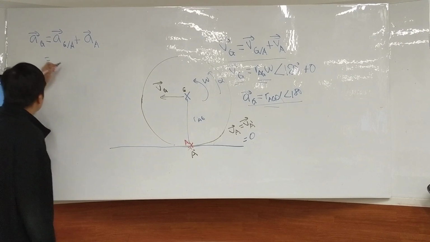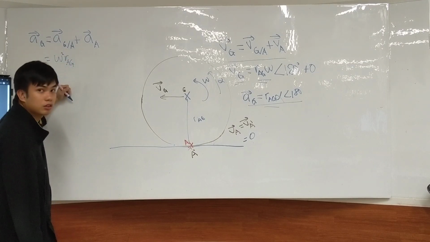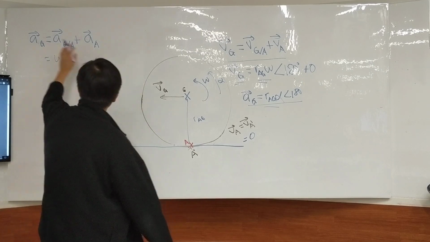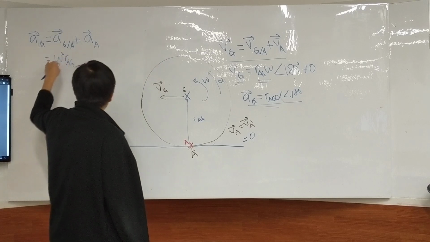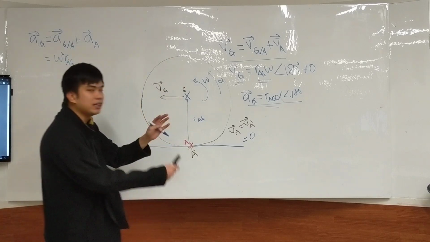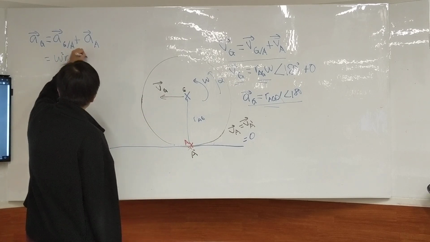The centripetal acceleration can be denoted by omega squared r_AG, which is, of course, from A's perspective. G is going in circles about A, so the centripetal acceleration should be pointing towards A because A is the center of rotation. So pointing downwards, it's actually negative 90 degrees.